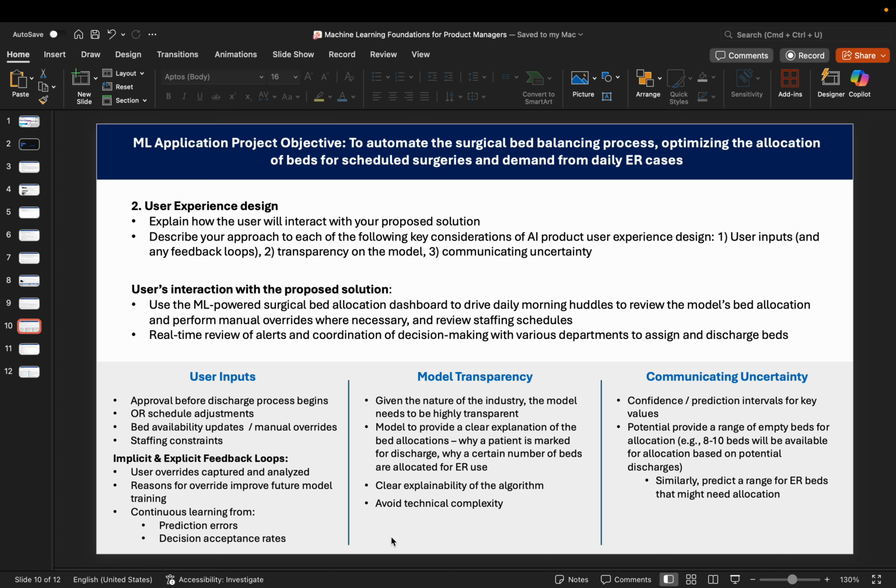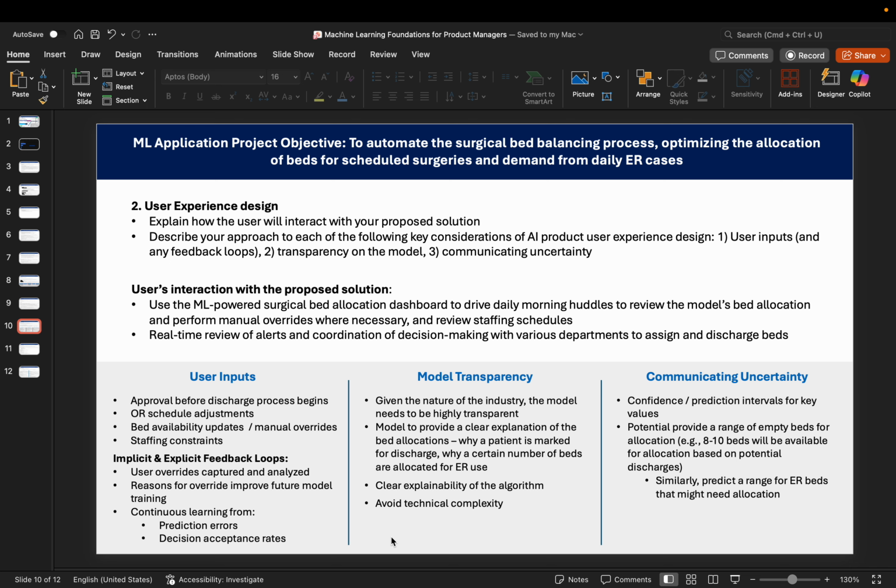In terms of model transparency, given the nature of the industry, the model needs to be highly transparent. It needs to provide clear explanation of bed allocations, why a patient was marked for discharge, why a certain number of beds are allocated for ER use, especially if the model gets integrated with an electronic health record.